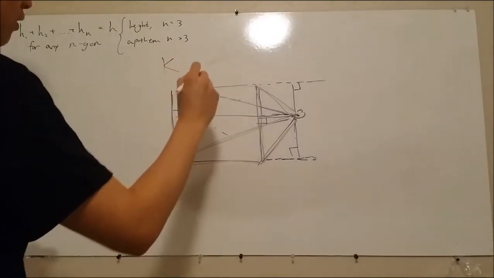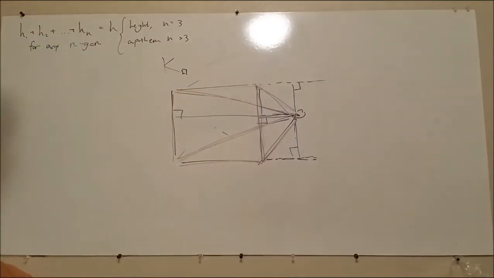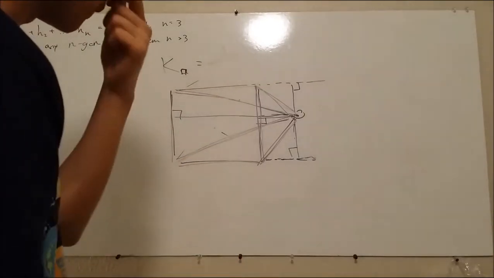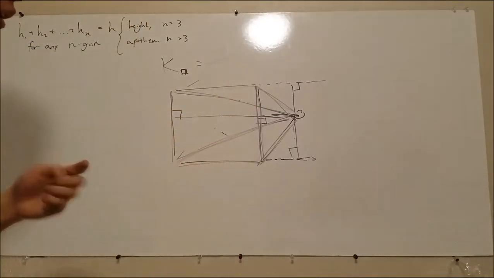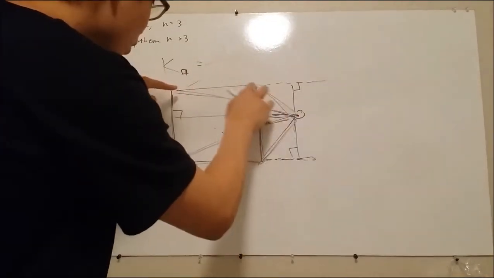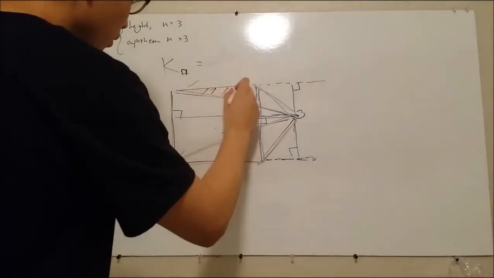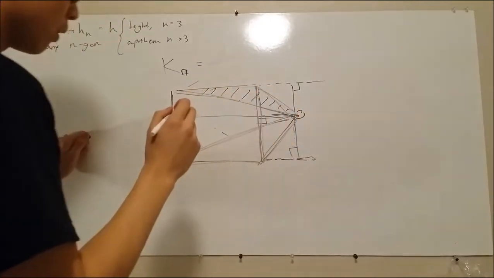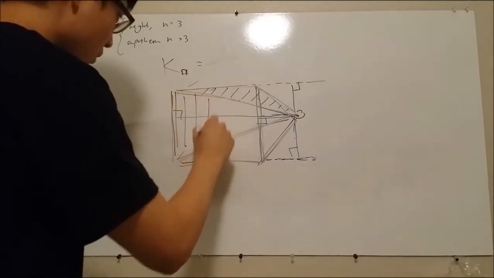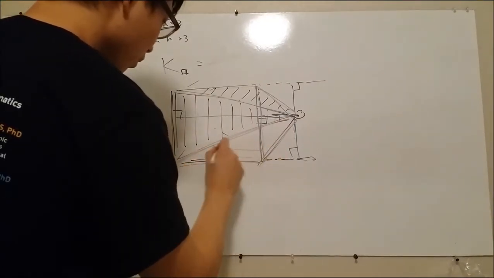So let's say K, which represents the area of just a square. So let's say K square. K square is equal to, well, let's see. This is a typical area addition subtraction problem now. So basically we have this triangle here, and this triangle here. Add up that triangle, and then we add up this triangle here, and then we add up this triangle here.